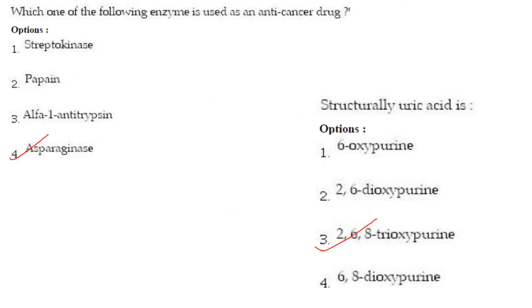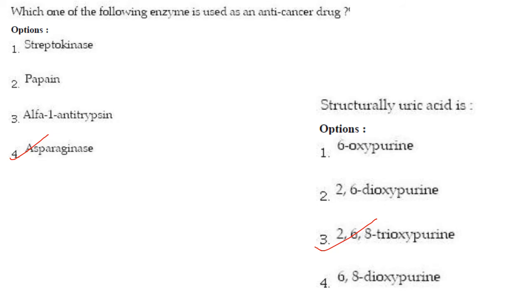Next one. Which of the following enzymes is used as an anti-cancer drug? Option 1 streptokinase, 2 papain, 3 alpha 1 antitrypsin, 4 asparaginase. Answer is option 4 asparaginase. Next one. Structurally uric acid is option 1 6-oxypurine, 2 2,6-dioxypurine, 3 2,6,8 trioxypurine and 4 6,8-dioxypurine.